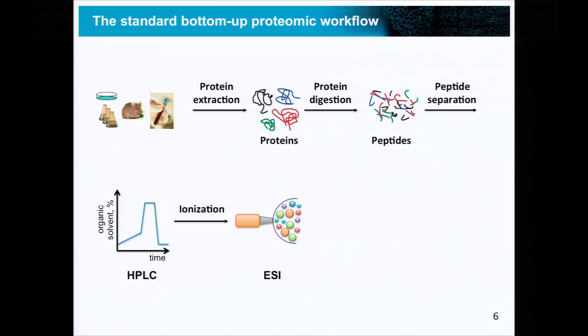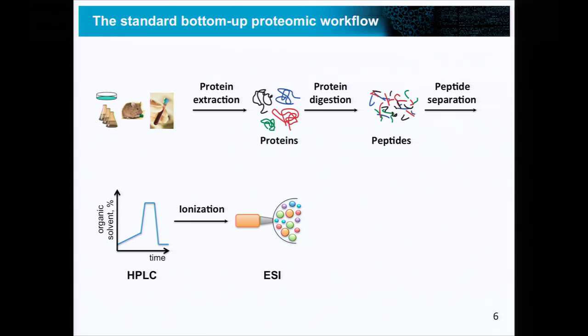Then these complicated peptide mixtures need to get separated, usually at least by doing an HPLC step. And then the peptides that elute from your chromatographic column need to get ionized before they enter the mass spectrometer. And until this point, this workflow holds true for any type of bottom-up proteomic experiment, no matter whether you do discovery or targeted proteomics.